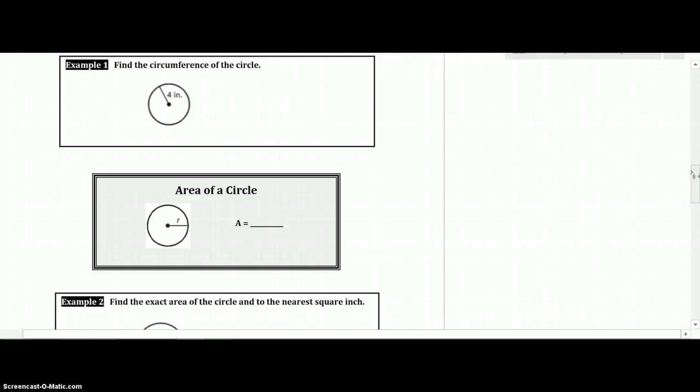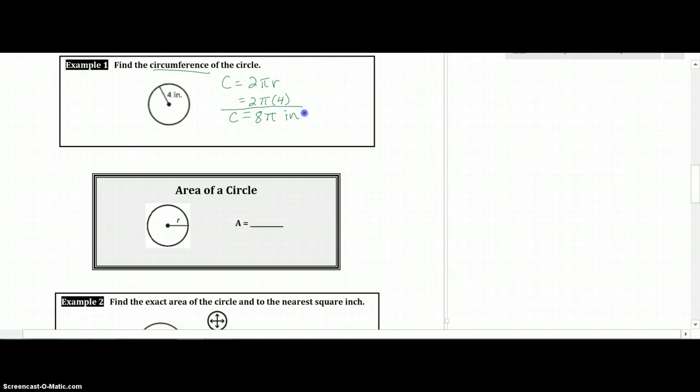Okay, so find the circumference of the circle. We are given the radius, so I'm going to say circumference is 2 pi r. So 2 times pi times 4, because that's the radius, so 8 pi. Now, circumference is like perimeter, so it's just going to be inches. It's not going to be inches squared. That's when you have area.